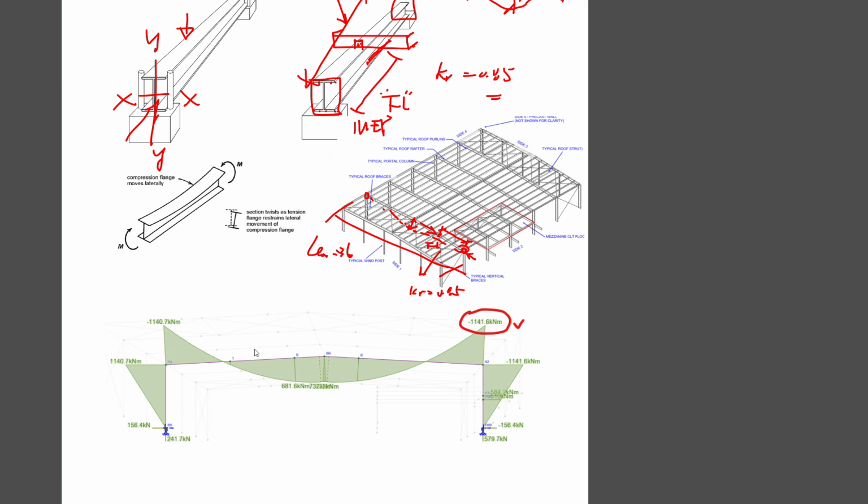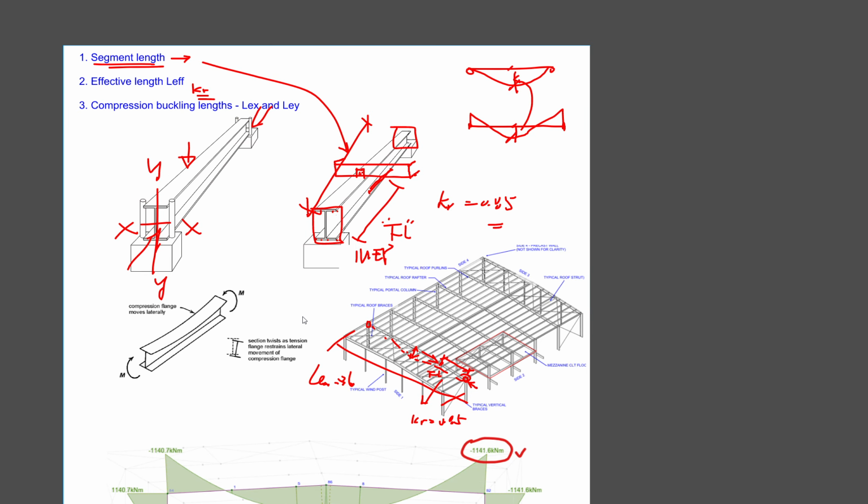Okay, that's all about segment length and effective length. The effective length depends on the segment length, and the buckling length is about buckling about the major axis and the minor axis. About the major axis, it's only about the end restraints. What's stopping your member from buckling about the major axis? Nothing, only the end restraints, the columns or the supports.